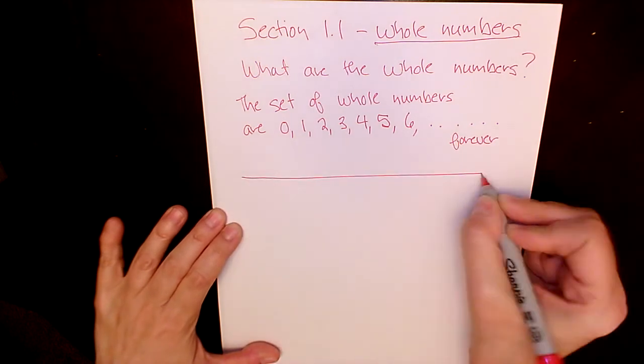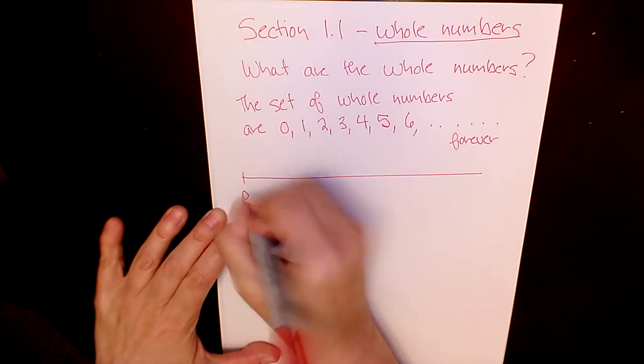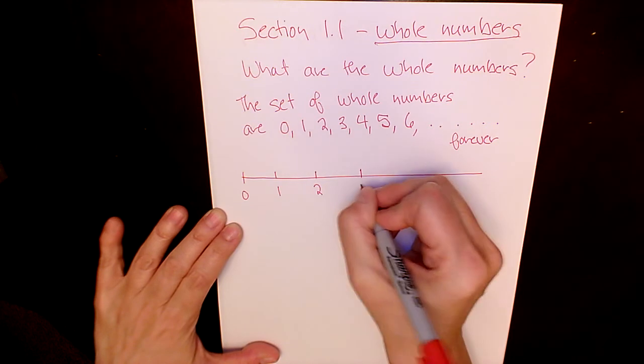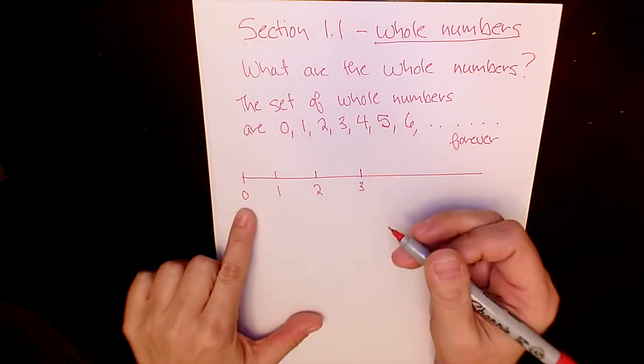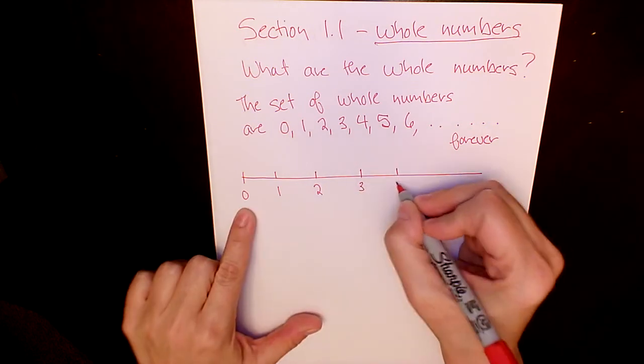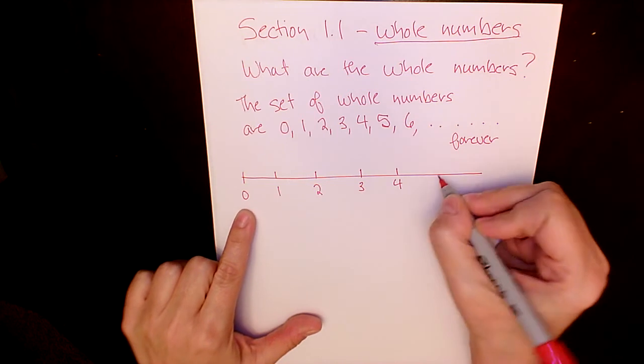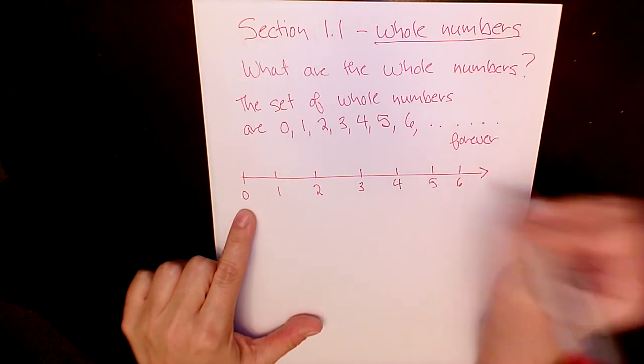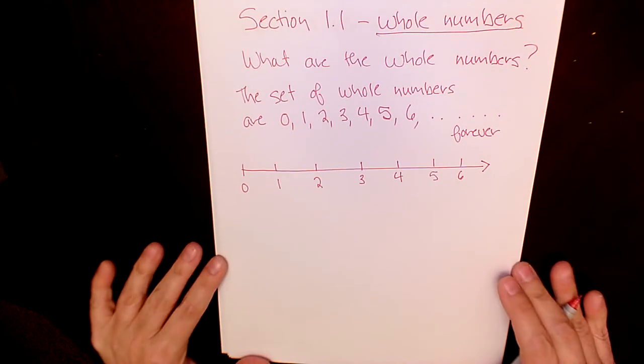So if we were to graph the whole numbers, we would start at 0, and just keep going.